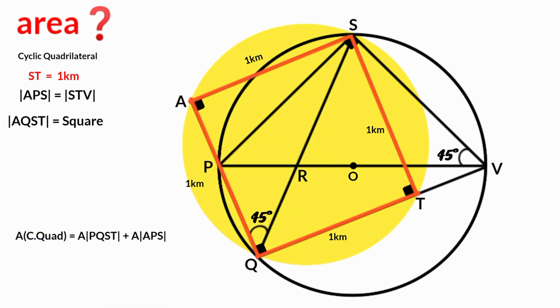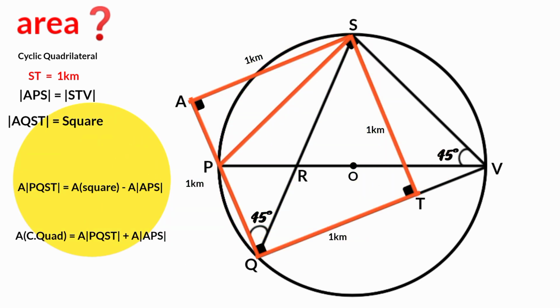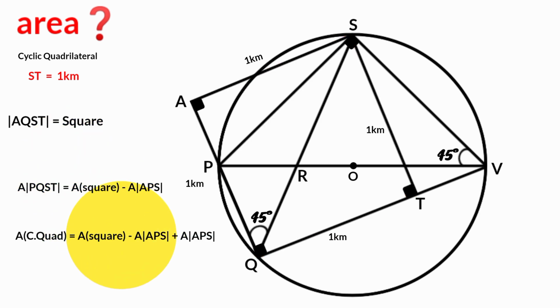From this square, if we subtract the area of this triangle, we'll be left with the area of this quadrilateral. So we say area of the quadrilateral PQST equals area of square minus area of triangle APS. Replace this, we get area of square minus area of triangle APS plus area of triangle APS, which is area of square.